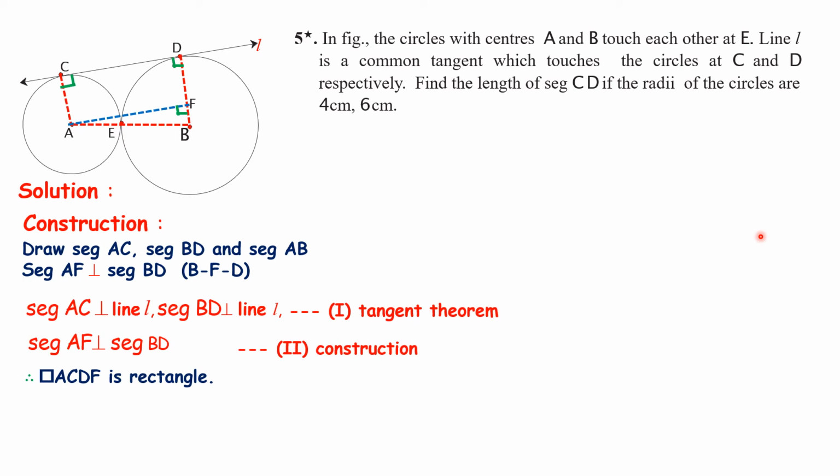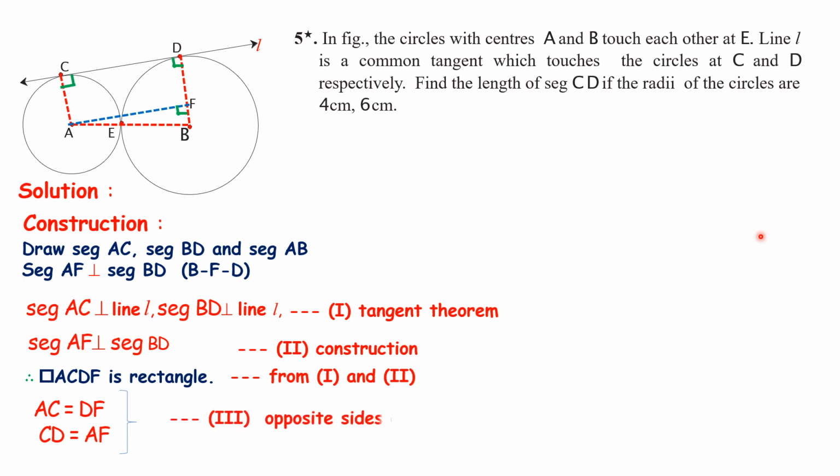Therefore quadrilateral ACDF is a rectangle. Therefore AC is equal to DF and CD is equal to AF. This is statement number 3, opposite sides of a rectangle.